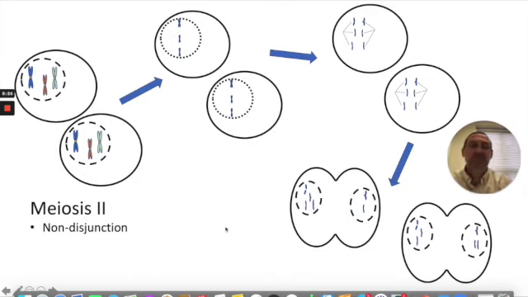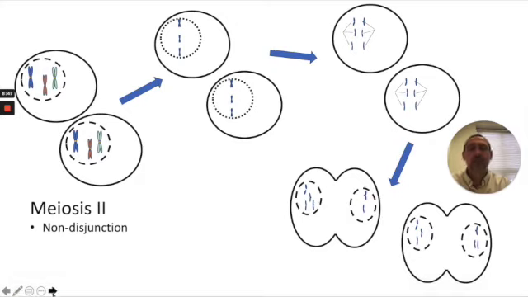Now, non-disjunction usually results in cells that don't survive, but occasionally they do, in which case we have all kinds of genetic disorders. For example, Down syndrome, Klinefelter syndrome, and Turner syndrome are all examples of sex cells that have either too many or too few chromosomes.